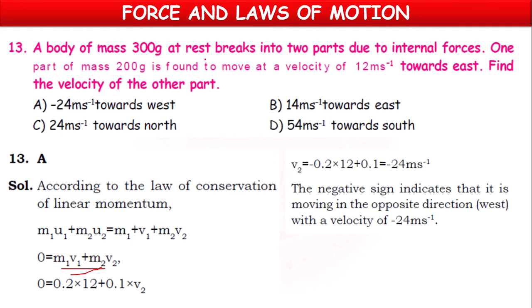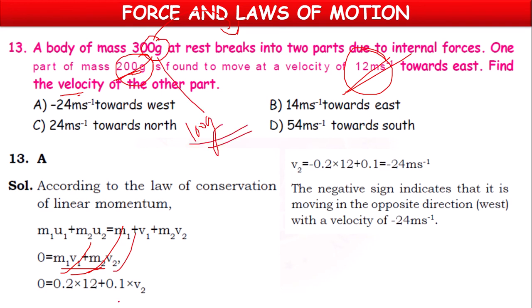After breaking into two parts, one part mass is 200 grams, which is nothing but 0.2 kg, and velocity is 12 meter per second. The other part mass will be 100 grams, because out of 300 grams, if 200 grams is one part, the other part will be 100 grams or 0.1 kg.